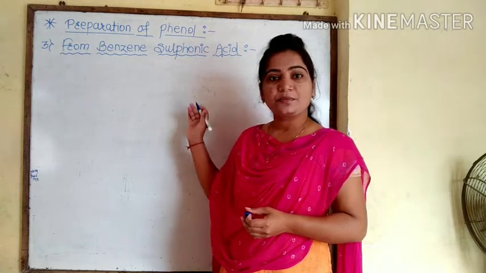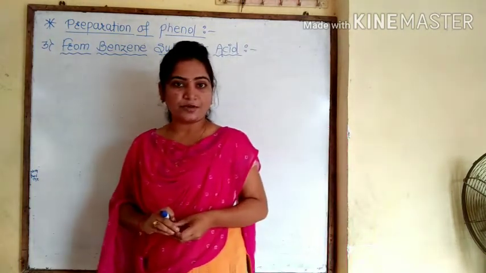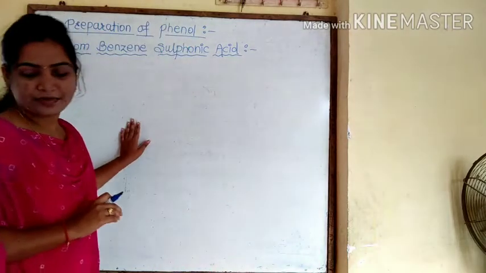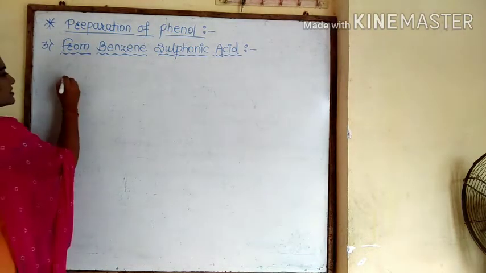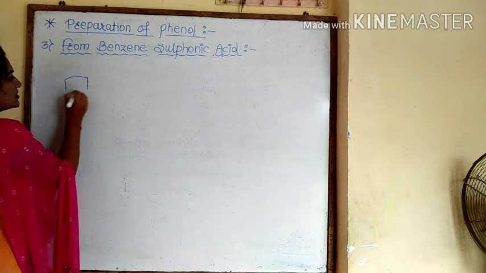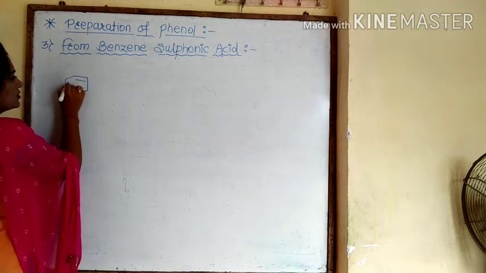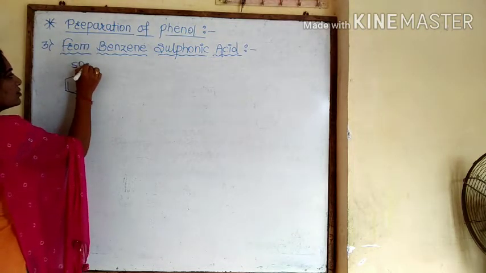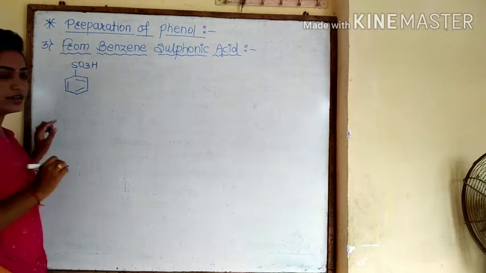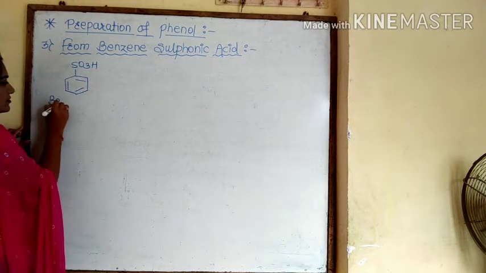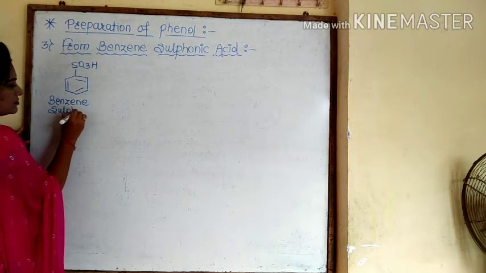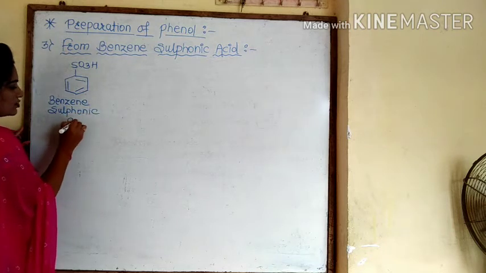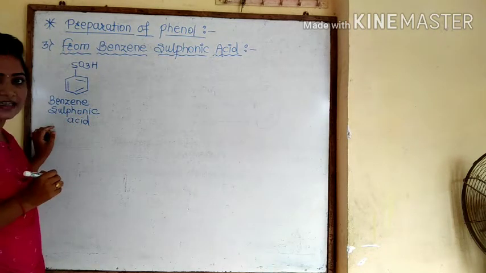Look here friends, when benzene sulfonic acid is represented, this is our benzene ring which has here SO3H. It is known as benzene sulfonic acid.